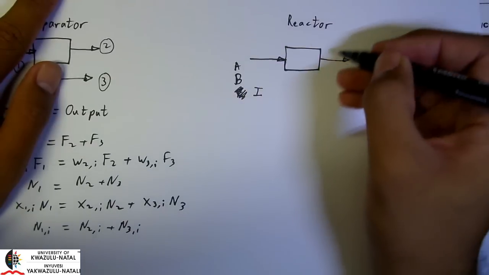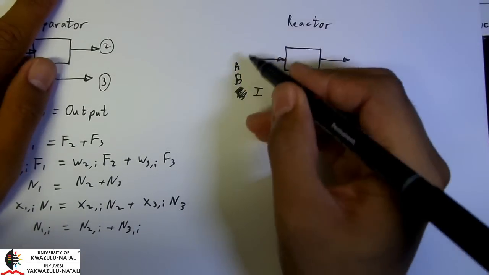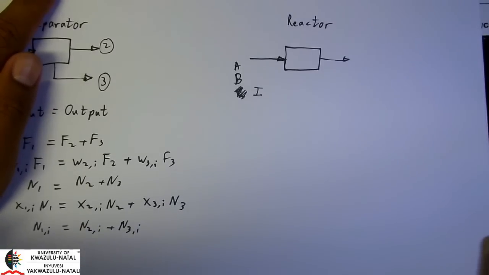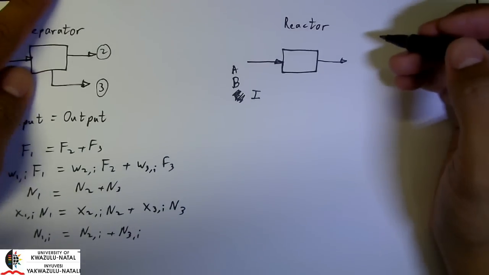Once these components go into a reactor, a reaction occurs and we don't have a conservation of mass for each component.